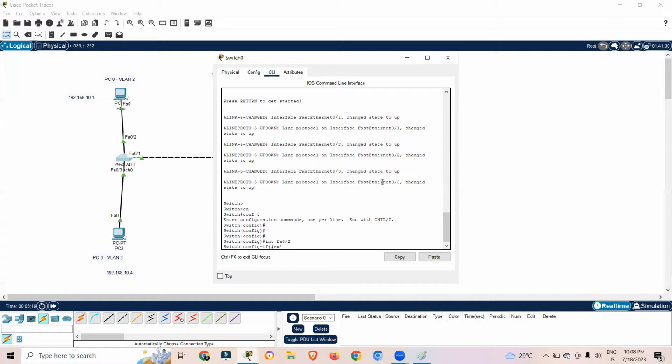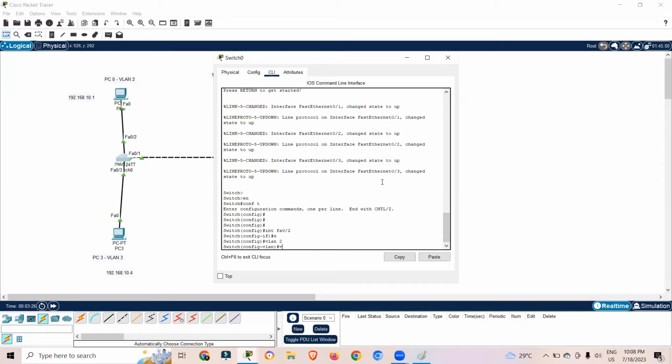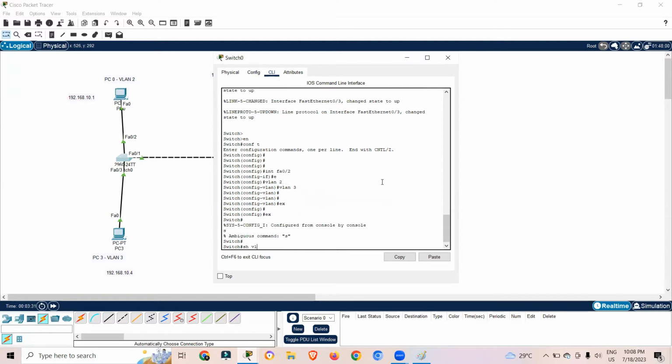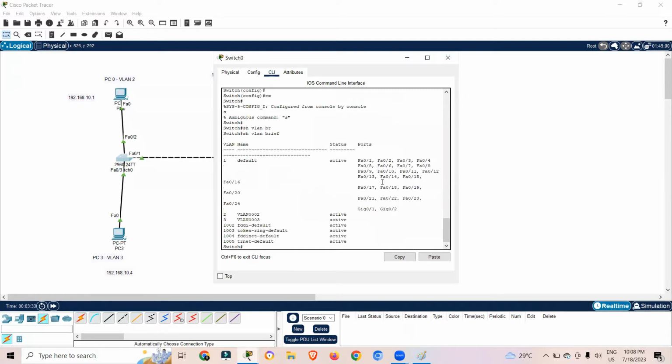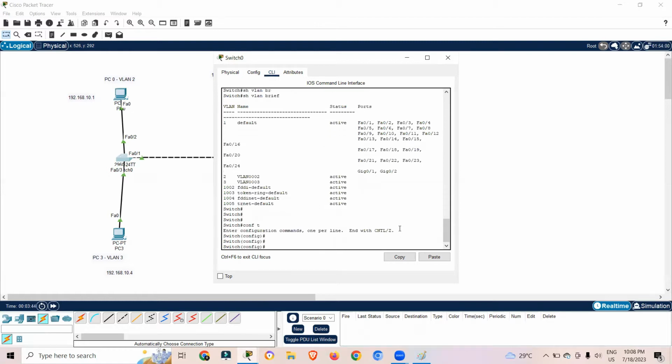Sorry, first of all, let's make the VLANs. VLAN 2, VLAN 3, exit. Show vlan brief. So VLAN 2 and VLAN 3 are available here. Done.